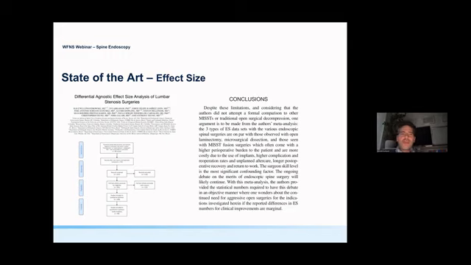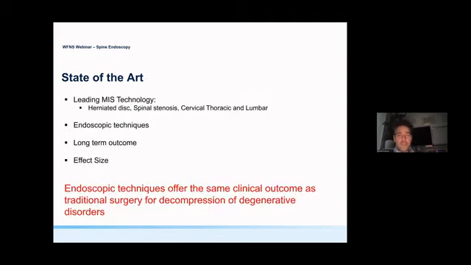You see that if you compare a couple of thousand patients to each other, the clinical outcome data is the same, but it should not be underestimated that the surgeon, and we heard this earlier too, needs a certain skill level to achieve a good result.